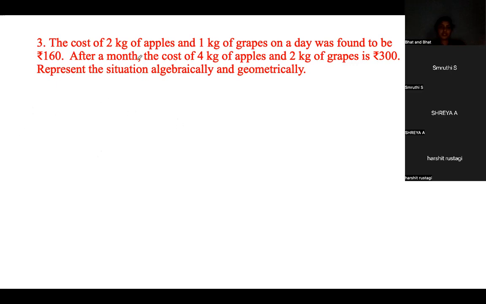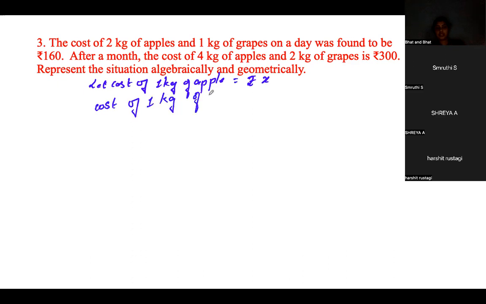Yes. So first, let us write. So here also they have given the cost, correct? So let us take, let cost of 1 kg of apple be rupees X. And in the same way, cost of 1 kg of grapes is rupees Y. Okay.